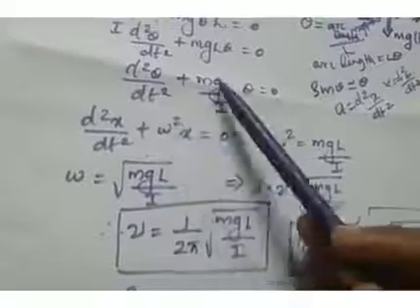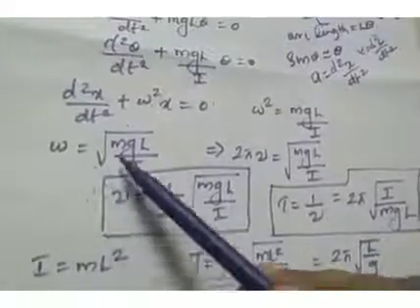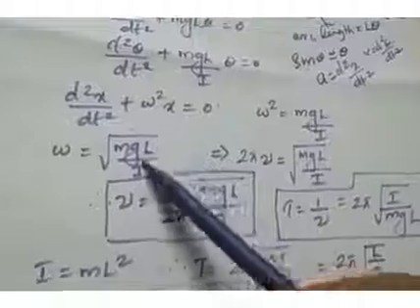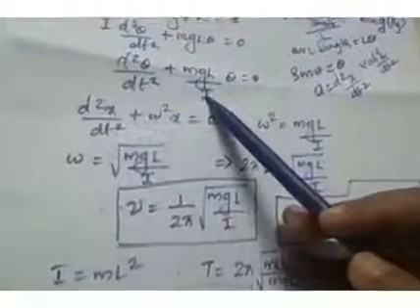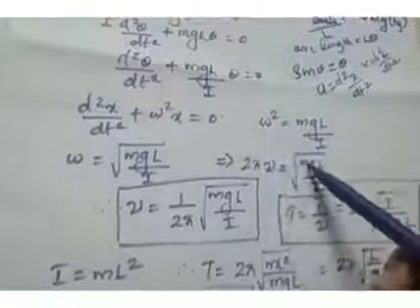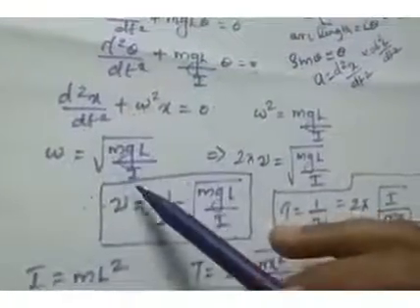When you compare these two expressions, you will get omega square equal to mgl by I. Therefore, omega equal to square root of mgl by I, isn't it? Instead of omega square, here we have mgl by I. So omega square equal to mgl by I. Therefore, omega equal to square root of mgl by I.